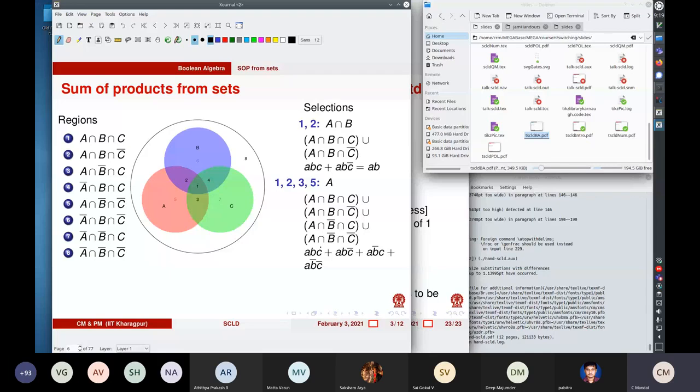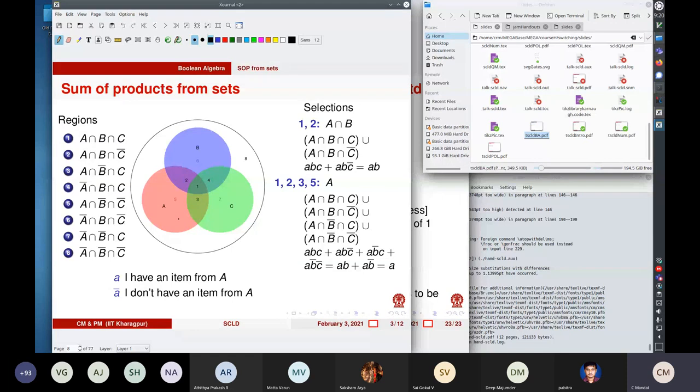And so this is how you get the region A. All right. So what does A represent? A represents that you have an item from this region, and A bar represents that you don't have an item from this region.